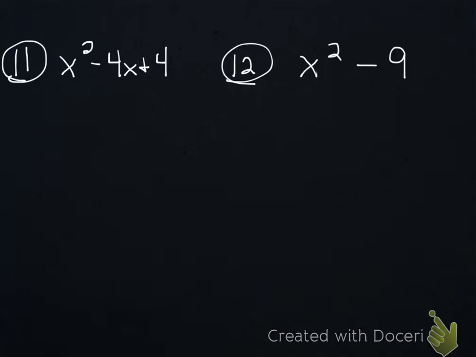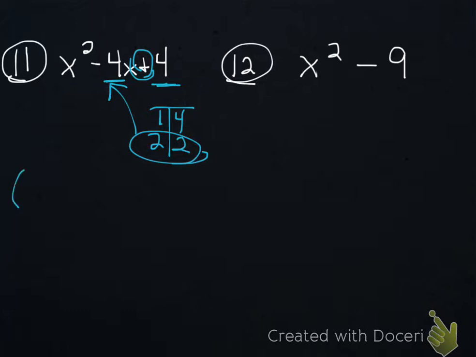Number 11. What's the constant? 4. Let's write it out. What multiplies to give us 4? 1 and 4, 2 and 2. The 4 is positive, so what is going to add to give me my middle term? Well, that's 2 plus 2. So we're going to write out our binomials.